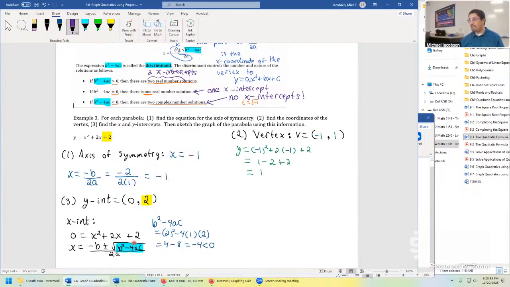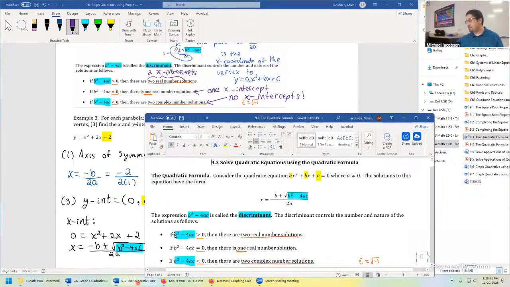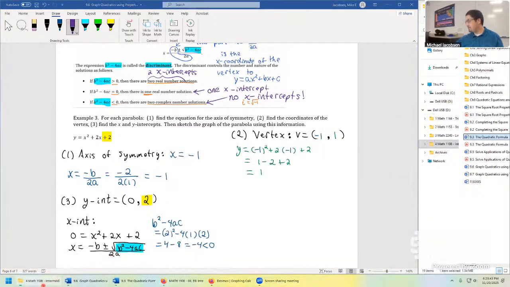So the quadratic formula is kind of interesting in a way. It suddenly out of nowhere becomes relevant in this concept, just graphing these things. Okay, we did this mostly for the sake of review.